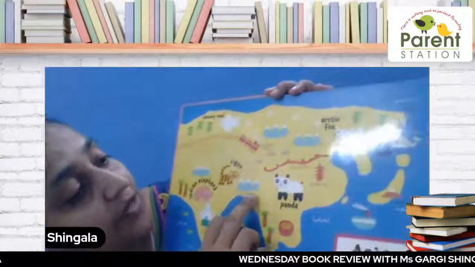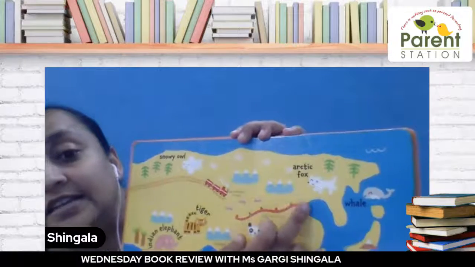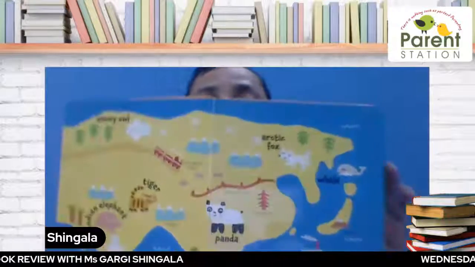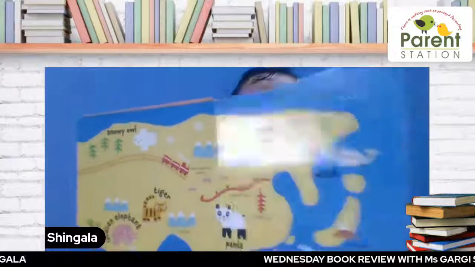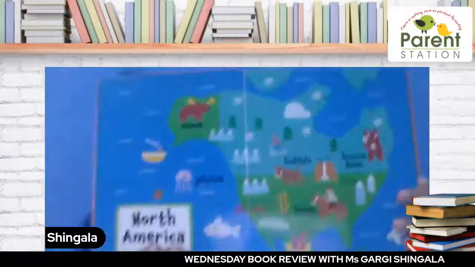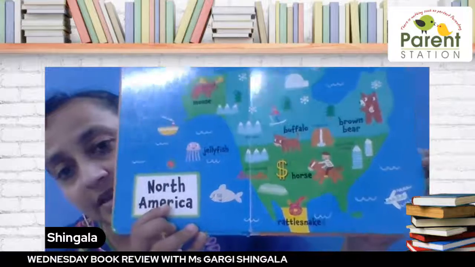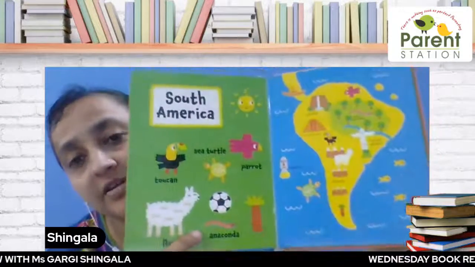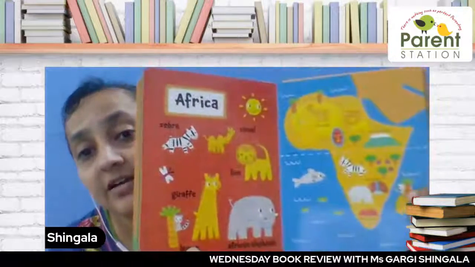And they have the Himalayan ranges. They have the Great Wall of China that they are showing here. See, in very few words, but nicely in pictures, they have illustrated the continent. Next comes North America. And similarly, we can see South America, Africa.